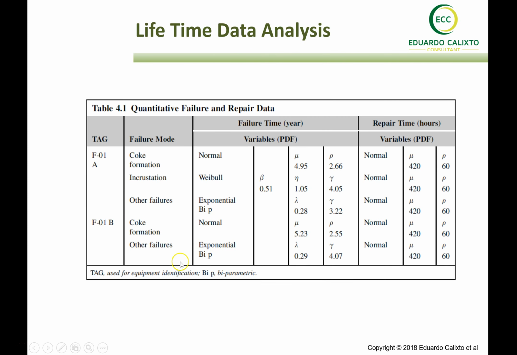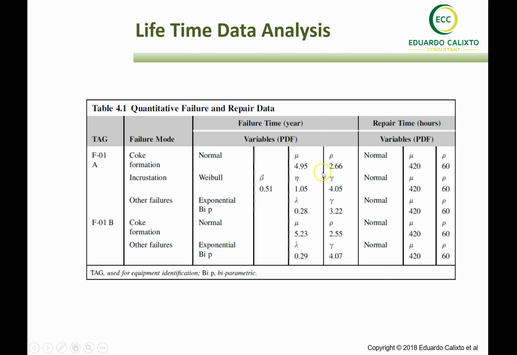So in the end, what we need as input data is, for the level of equipment and components we have, here two furnaces. We have some failure mode definitions: coke formation, incrustation, and other failure modes. For each one of them we have some PDF parameters.